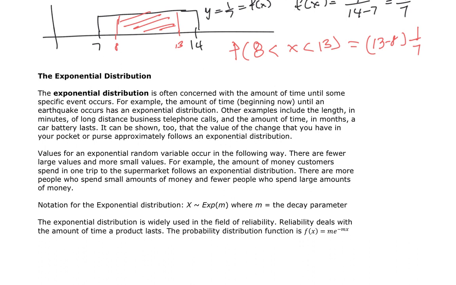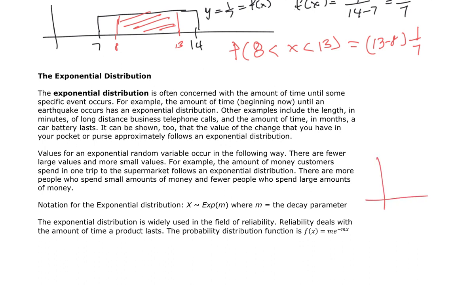Other examples include the length in minutes of long distance business calls, or the amount of time in months a car battery lasts, where you're looking at something over time. Values for the exponential random variable occur in the following way. There are fewer large values and more smaller values, and that's because of the shape of the curve.